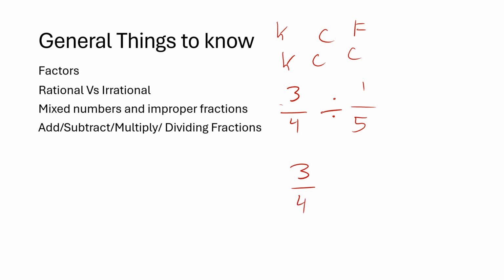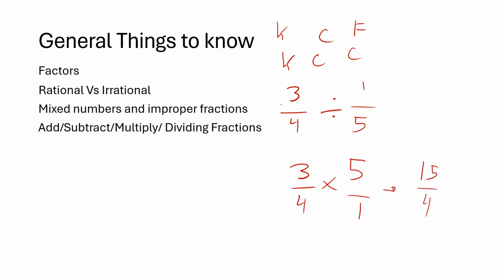You want to change the division sign to multiplication, and then I use flip, he says change. They mean the same thing. You're flipping this fraction upside down. So now you get 5 over 1, which allows you to multiply regularly. So it'd be 15 over 4.